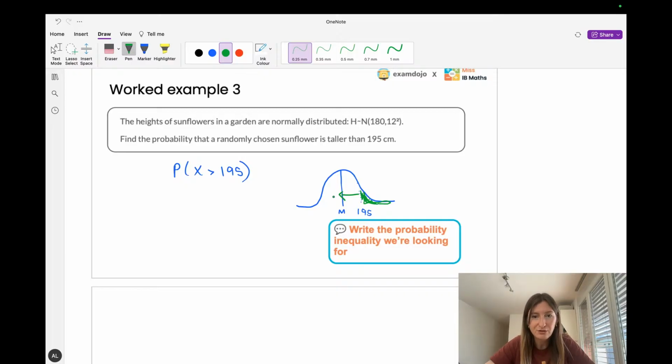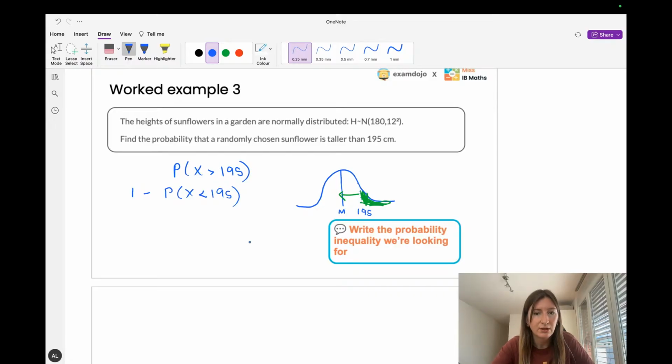So what we're going to do is work out less than 195, and subtract it from 1 to give us this value. Very important. This is why drawing is important, because it's not going to give us this value. So I'm going to rewrite this as 1 minus the probability that X is less than 195, the opposite. So I'm finding everything less than and subtracting it from 1 to get that green area.